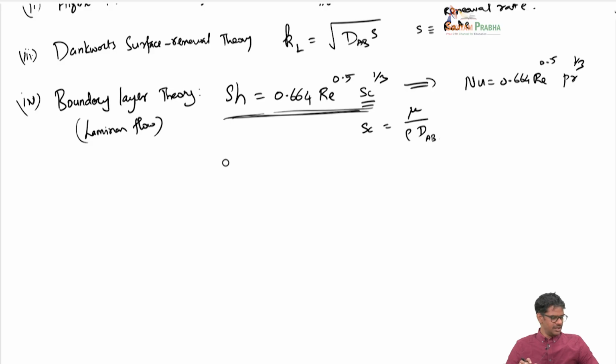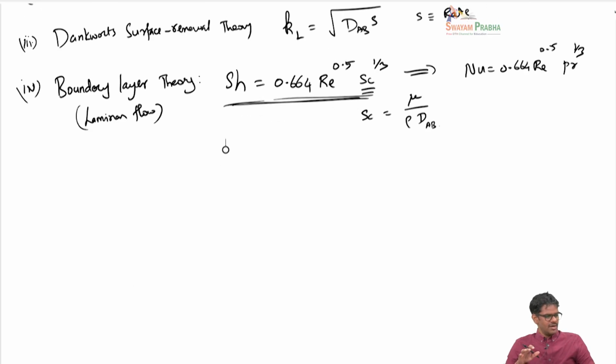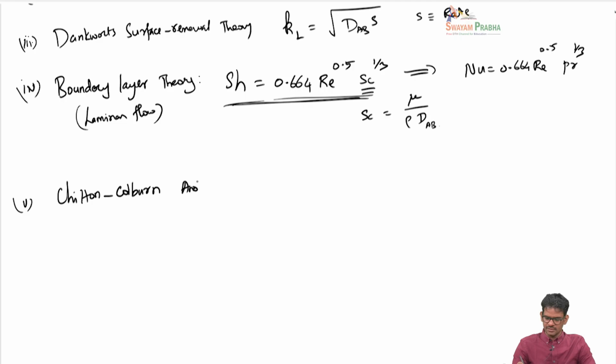Now these are all correlations, but there are also many other types. For example, we use what is called the Chilton-Colburn analogy. This is something used for heat transfer, friction factor in fluid mechanics as well as in mass transfer.